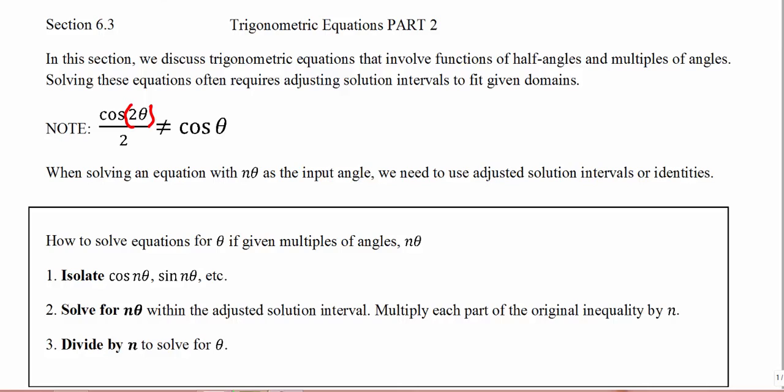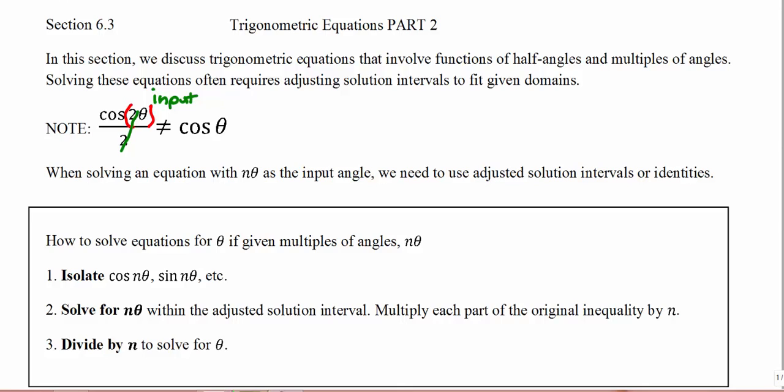But when we're solving for cosine in this type of situation, I want to keep in mind that I am not allowed to cancel a number on the outside with a number that's on the inside of the angle. So this is my input angle. I'm not allowed to change the input angle by dividing or canceling with something that's on the outside of the function.